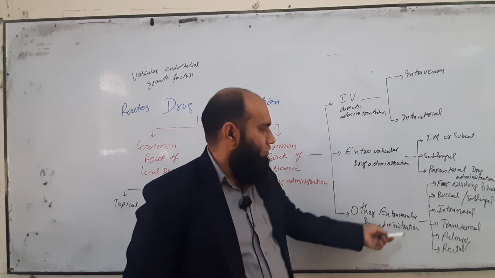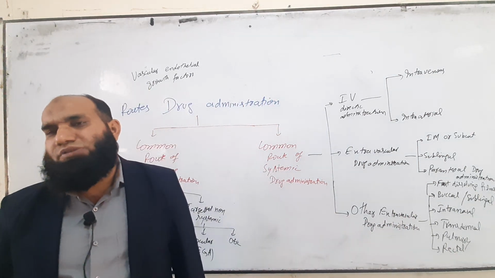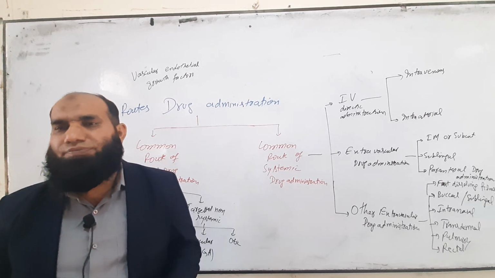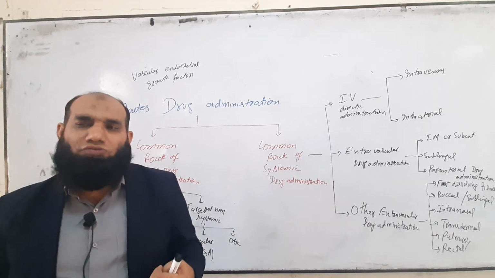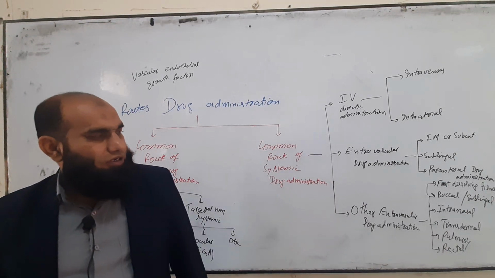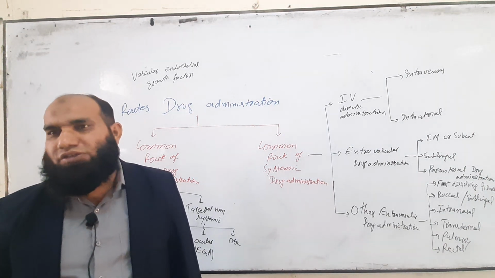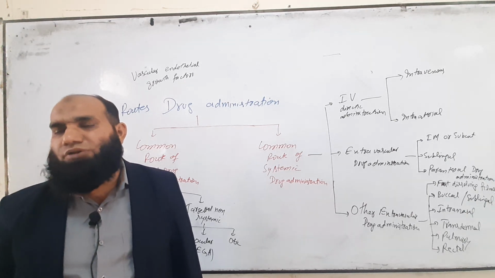And other extravascular routes include fast dissolving tablets. The active of these tablets is absorbed in the GI system. First of all, we disintegrate it in the medium and then we swallow it. Then buccal and sublingual. These are basically examples of nitroglycerin, where the drug disintegrates very fast and is absorbed and the first pass effect is overcome.